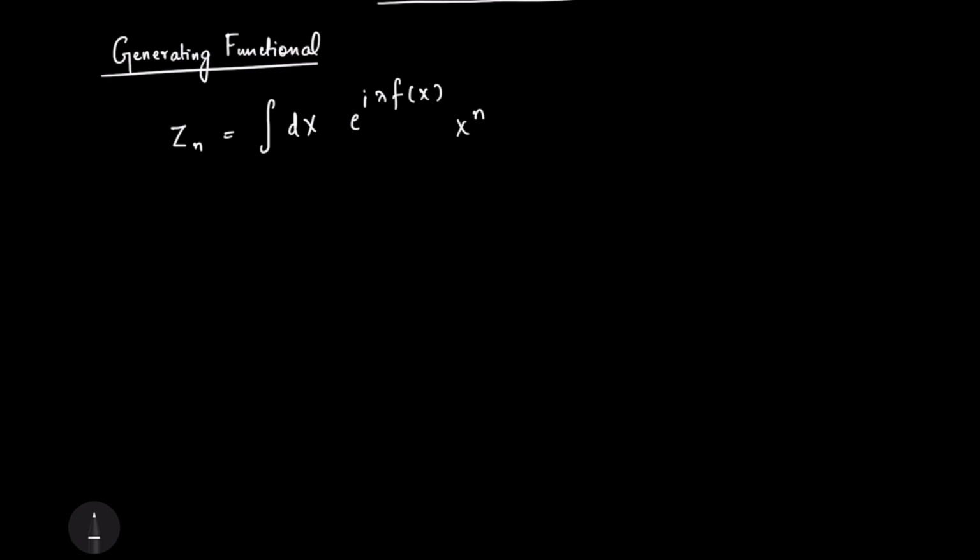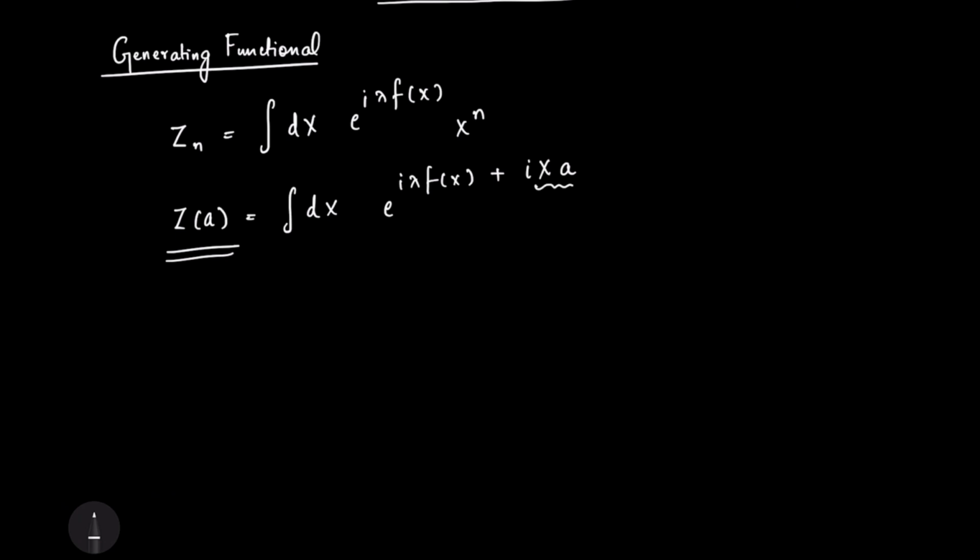For example, in one dimension, if you want to evaluate the integral Zn equal to integral dx e raised to i lambda f of x, raised to n, then you have to consider Z of a equal to integral dx e raised to i lambda f of x plus i x a.